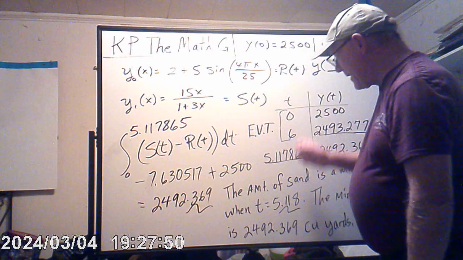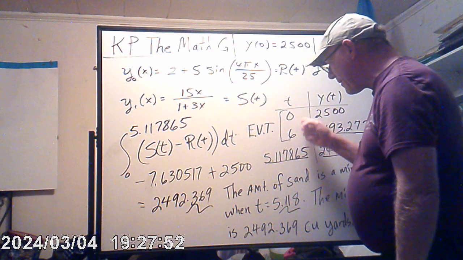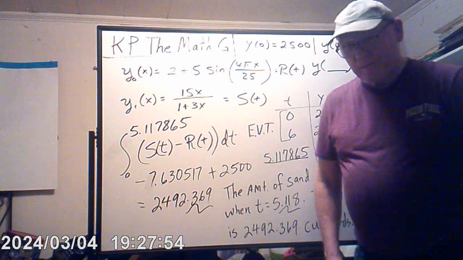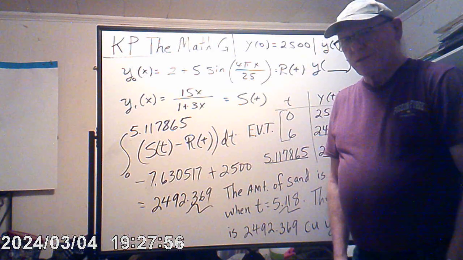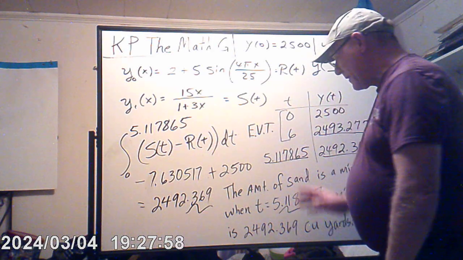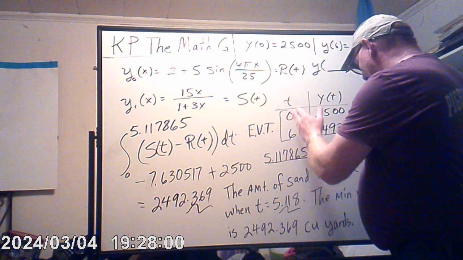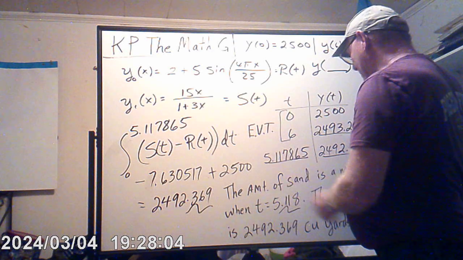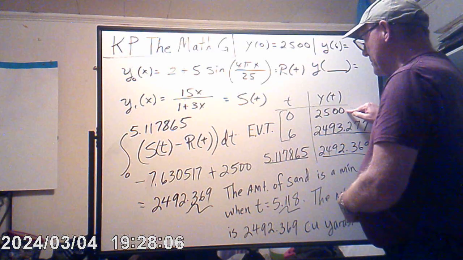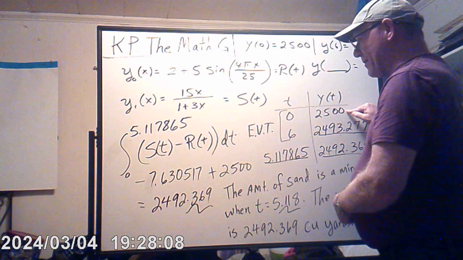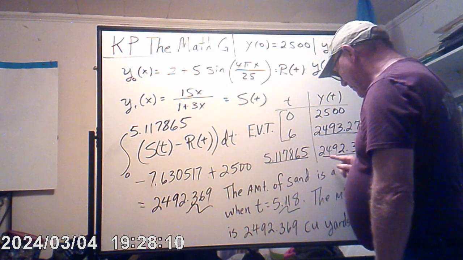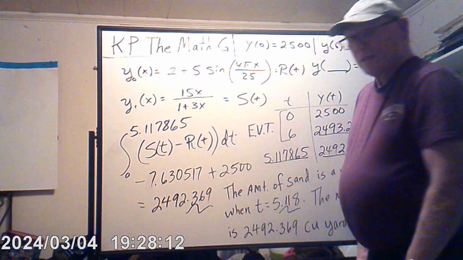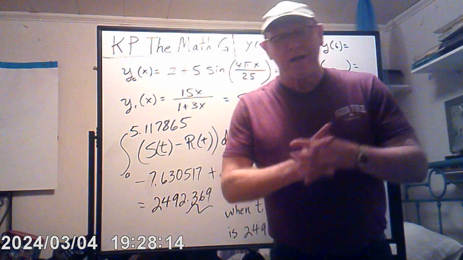Because of EVT, you got to check this right here. All right, extreme value theorem. And then once you find all of these, you find which one's the lowest. And if it's a max, you're going to go with y at 0 in this case, like you were looking for a min.